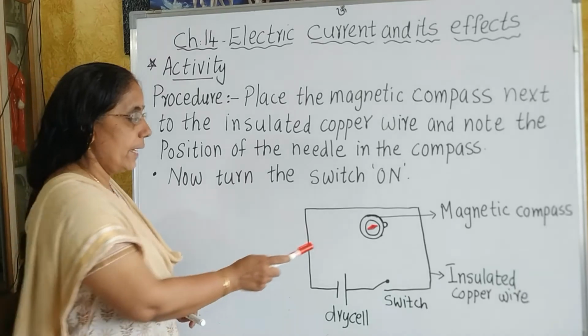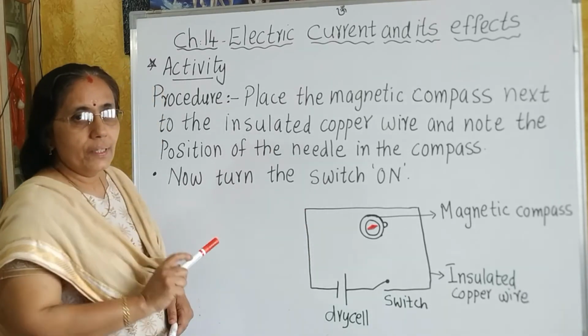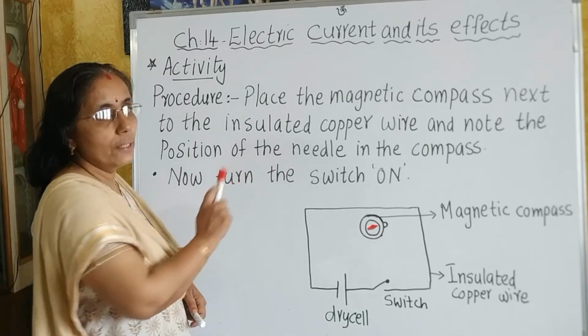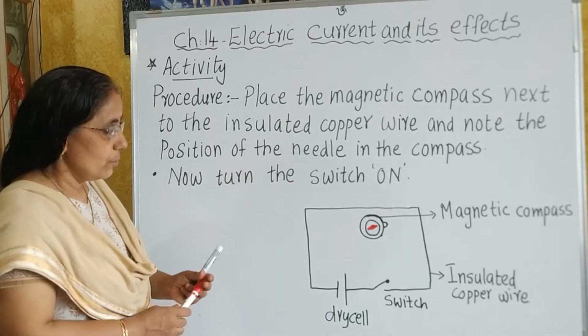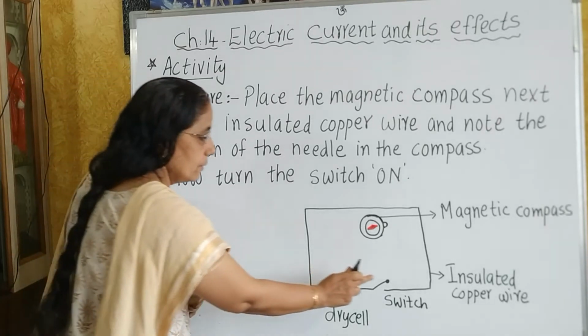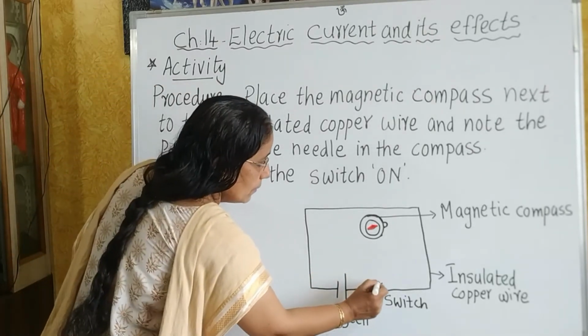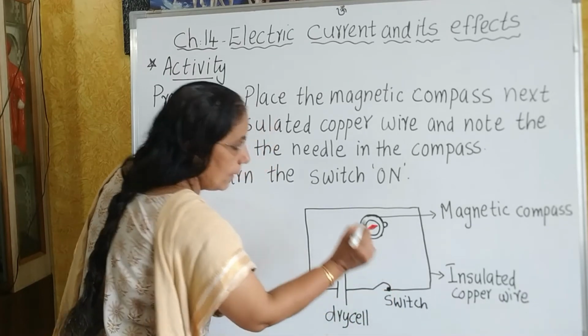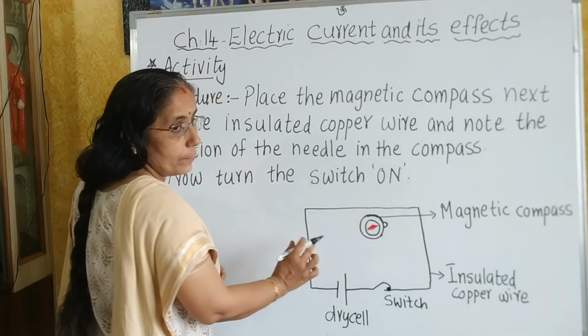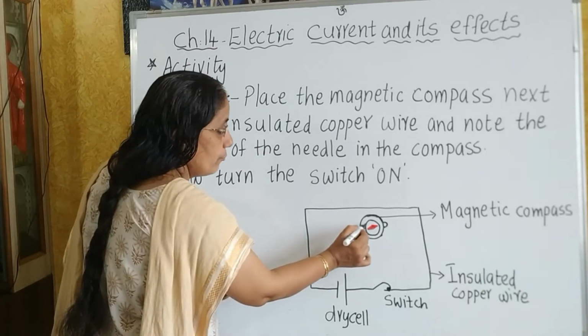After noting the direction of the magnetic needle, the next step is to turn on the switch. So when we switch on the electric circuit, that is, here there is no gap now, you can see that the needle in the magnetic compass gets deflected.